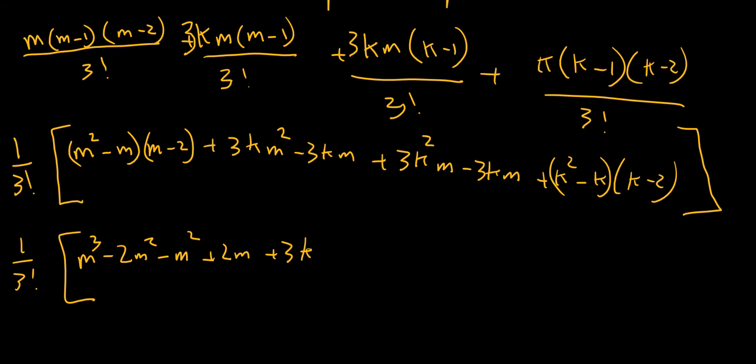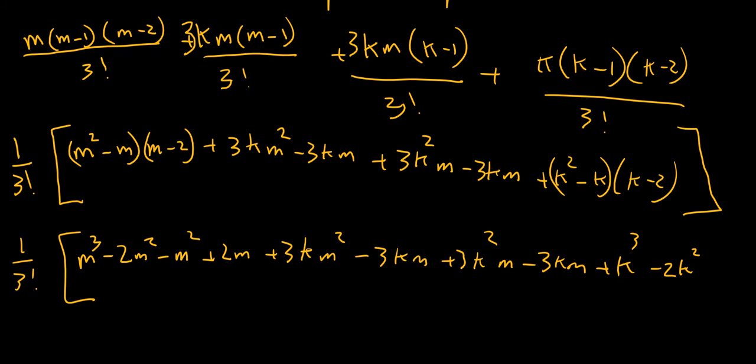We've got 3km squared, subtract 3km, plus 3k squared m, subtract 3km, and then we're left with k cubed, subtract 2k squared.